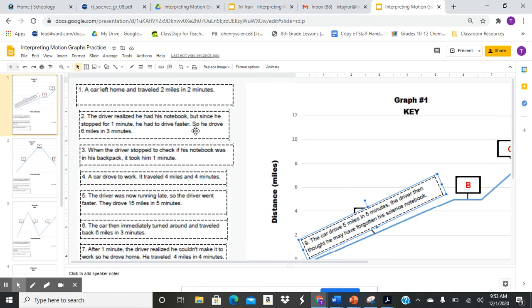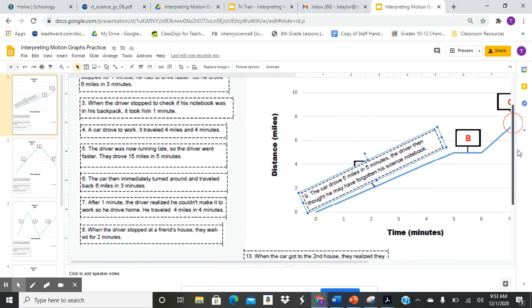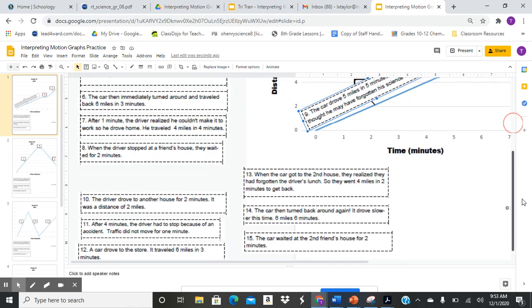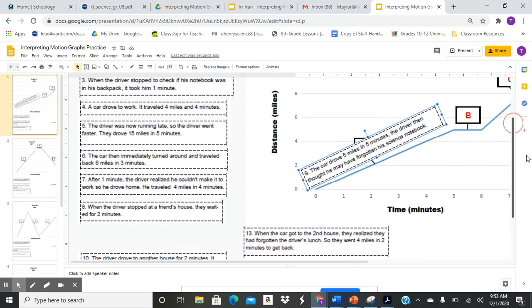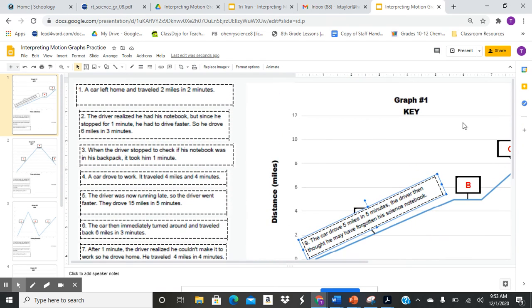So if I read through the descriptions, I'm looking for something similar to an object being stopped for 1 minute. And if I look at description 3, it says when the driver stopped to check if his notebook was in his backpack, it took him 1 minute.